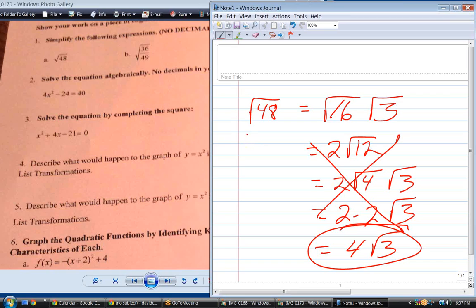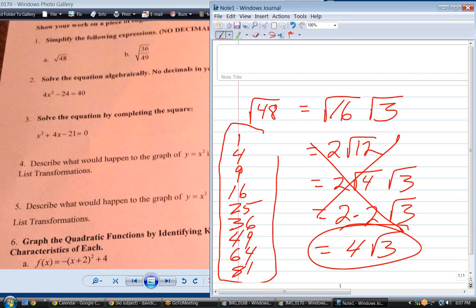Now, when I say perfect square numbers, let's go through them. 1, 4, 9, 16, 25, 36, 49, 64, 81. These are perfect square numbers.